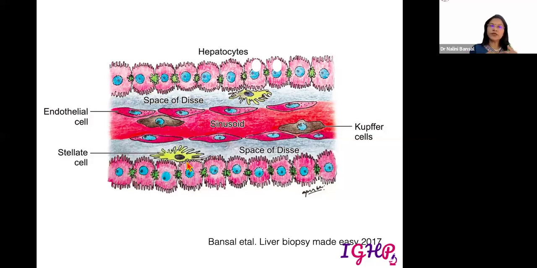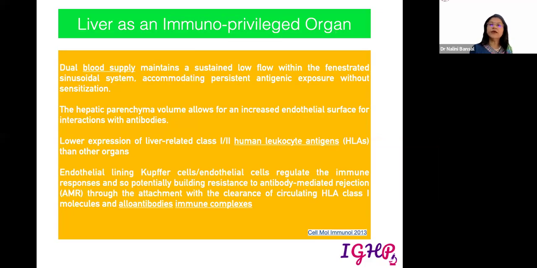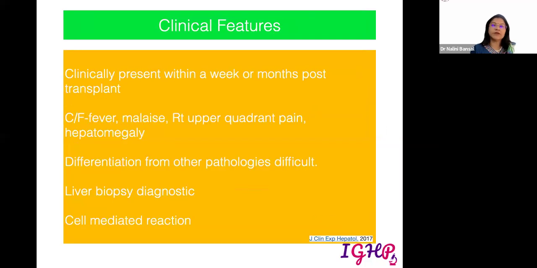Because the liver is exposed to a large number of antigens every day, it has become relatively resistant to newly exposed antigens, as it has a memory of some of these antigens from before. That's why we call the liver an immunoprivileged organ, and that's why we do not see induction therapy given for liver transplant, which we usually see for kidney recipients.